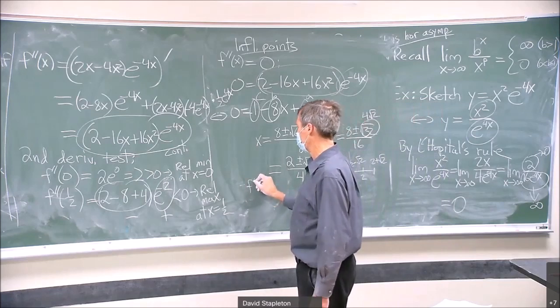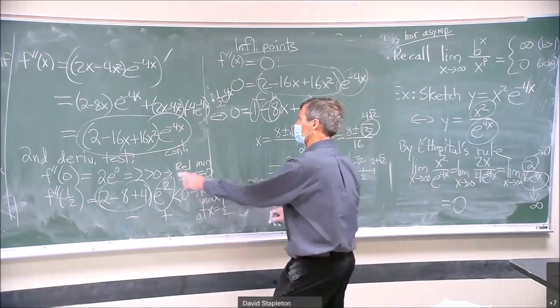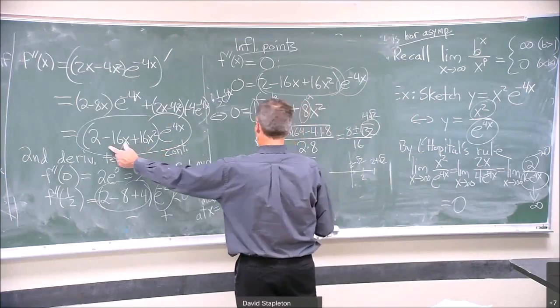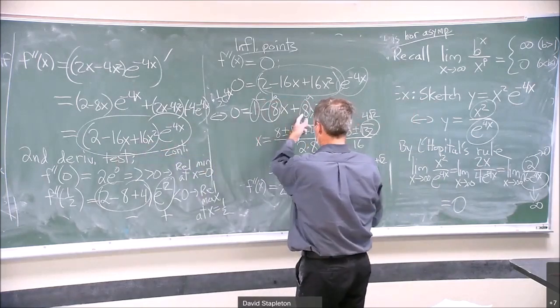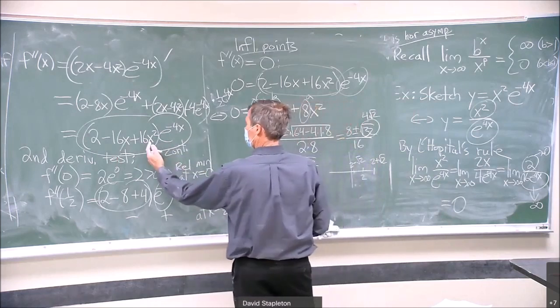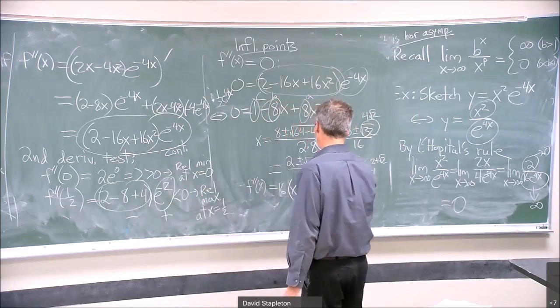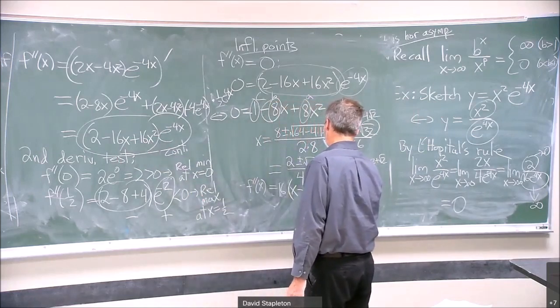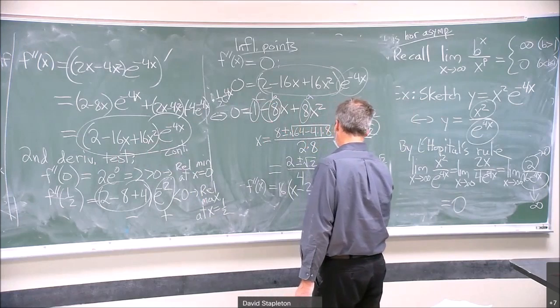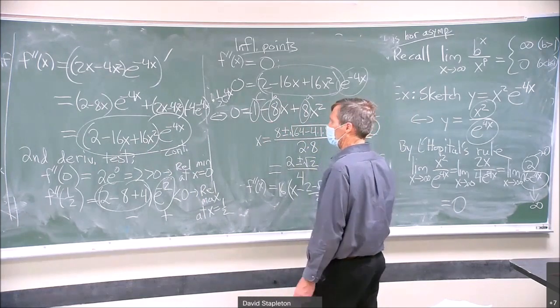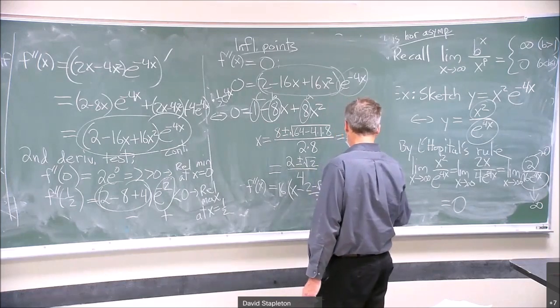F double prime, as shown here, is twice what we solved here. You pull the leading coefficient out, 16 times x minus the first of these, times x minus the second one of these. And the whole thing's multiplied by e to the minus 4x.